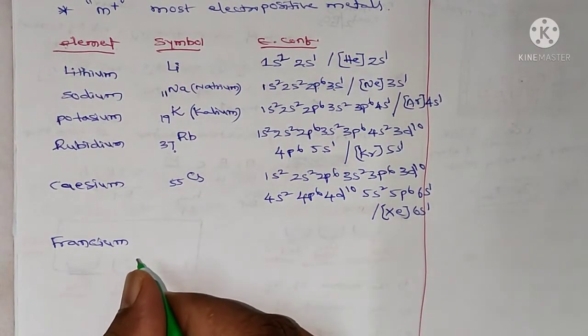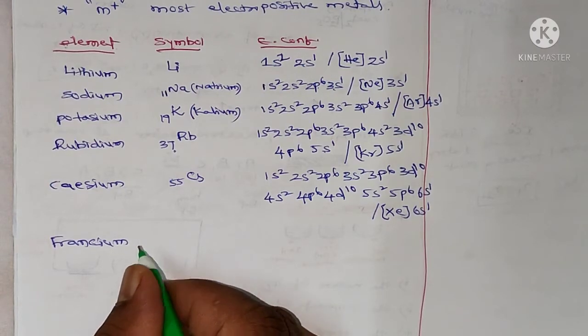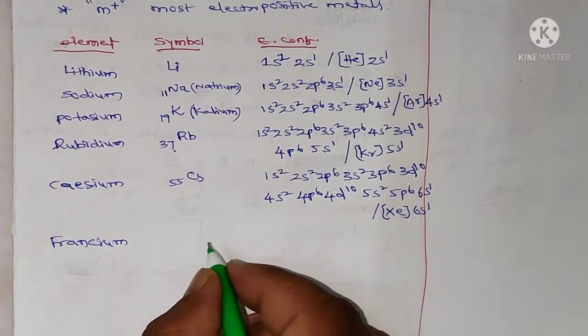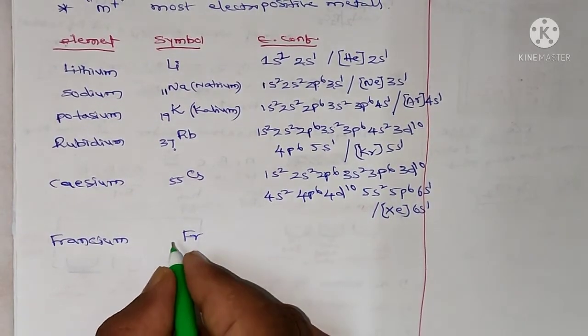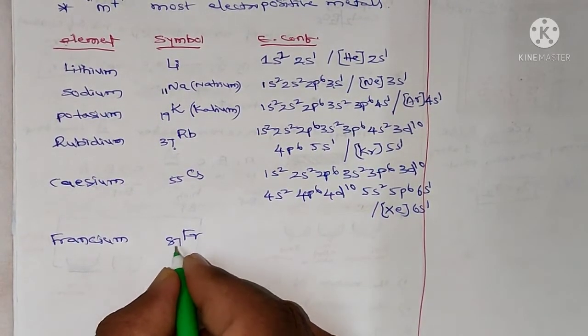Francium is a radioactive element and its symbol is Fr, atomic number 87.